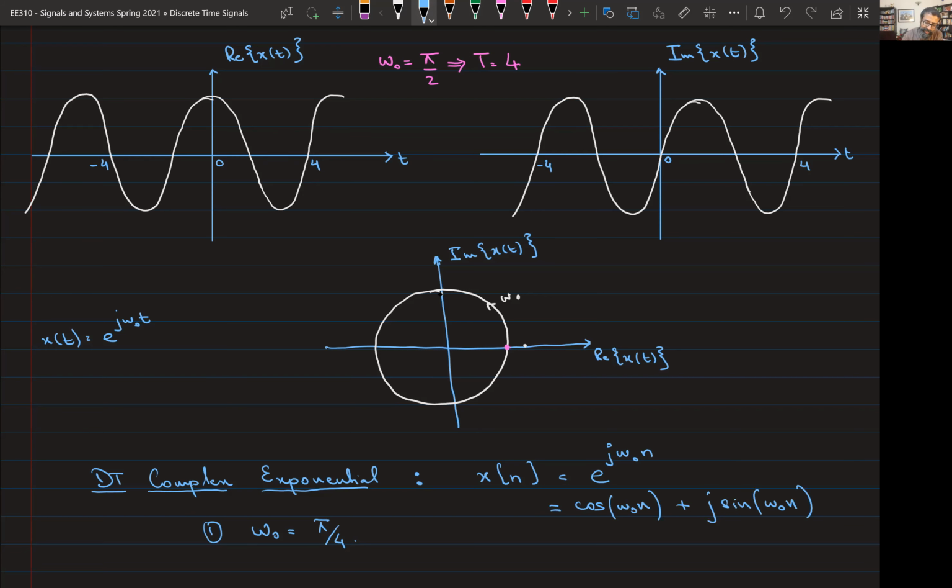So this cosine omega naught n, because omega naught is pi by 4, is exactly this signal here, which is a cosine, except that it is defined only for integer values of time, which is n. ठीक है? तो फिर आपको कहाँ वैल्यू मिलेगी? एक वैल्यू मिलेगी आपको over here, at n equals 0. The other one is at n equals 1, which is going to be over here. The next one is at n equals 2, which is over here.